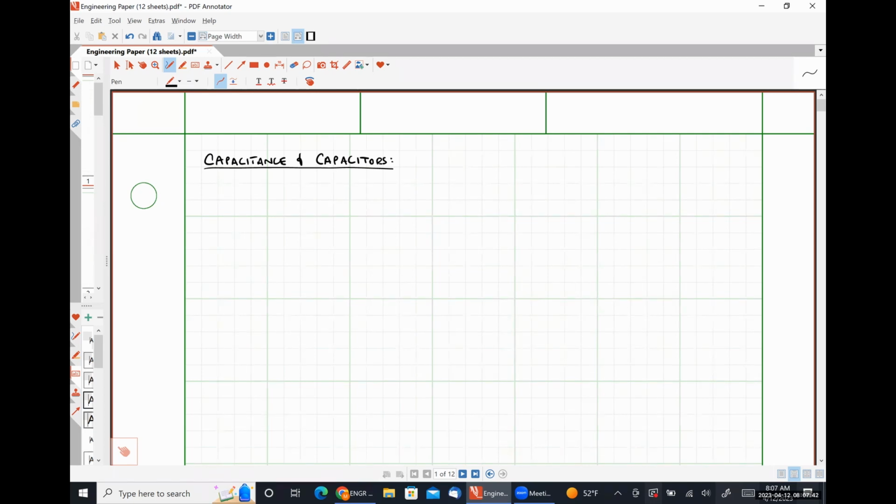So the most common form of capacitor is what's known as the parallel plate capacitor. And as the name suggests, a parallel plate capacitor consists of two parallel conducting plates. So here is our top plate. And then below our top plate will be, you guessed it, our bottom plate.